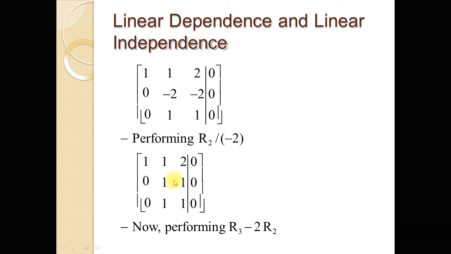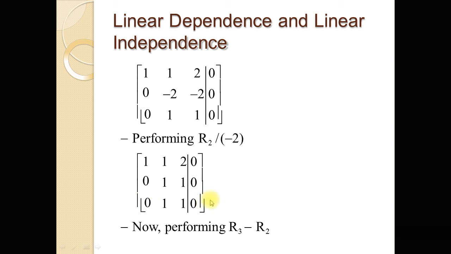Now for the second row, subtract the second row from the third row. This third row will be a zero row, and in the remaining echelon form we obtain the equations k2 plus k3 is equal to 0, and k1 plus k2 plus 2k3 is equal to 0.